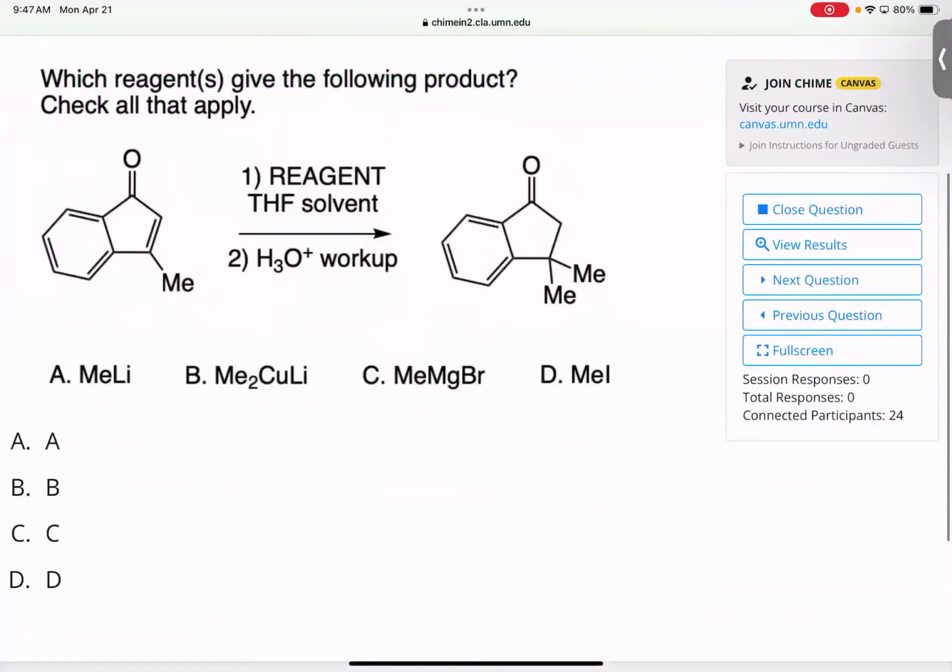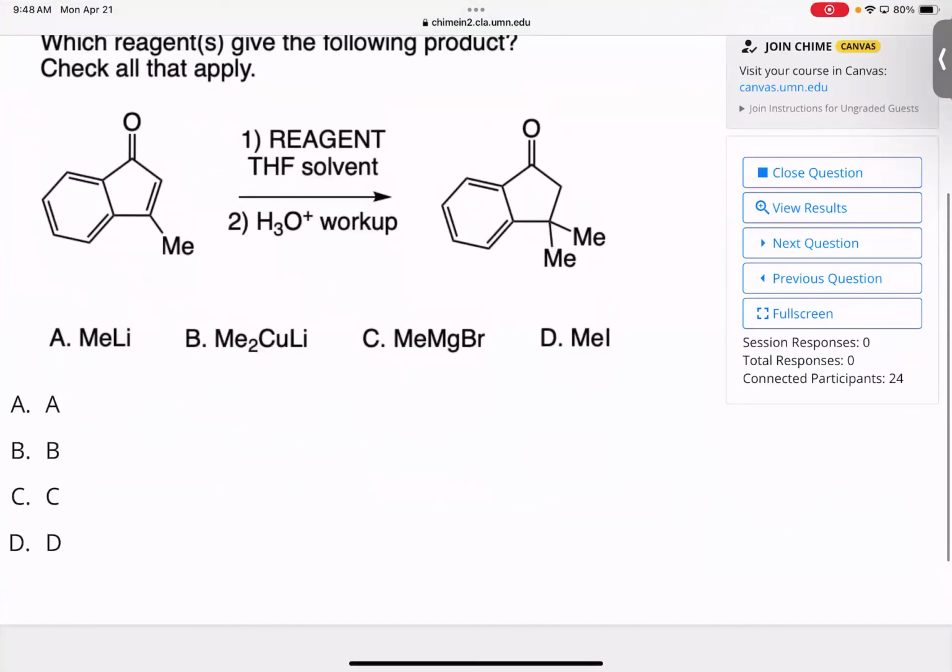All right, so thinking about how could we make this particular molecule? What would we need? What could get us to the end? I have a couple methyl sources, 4 different methyl sources.